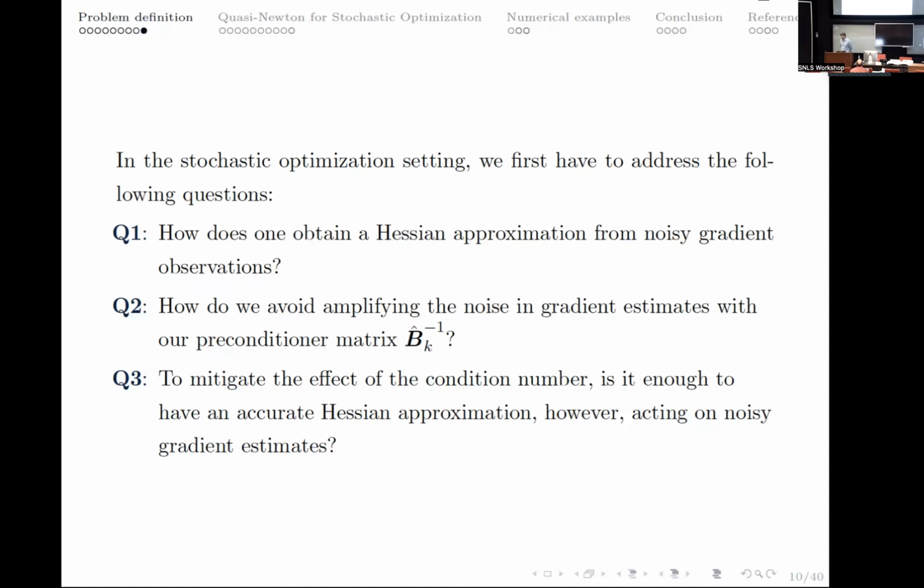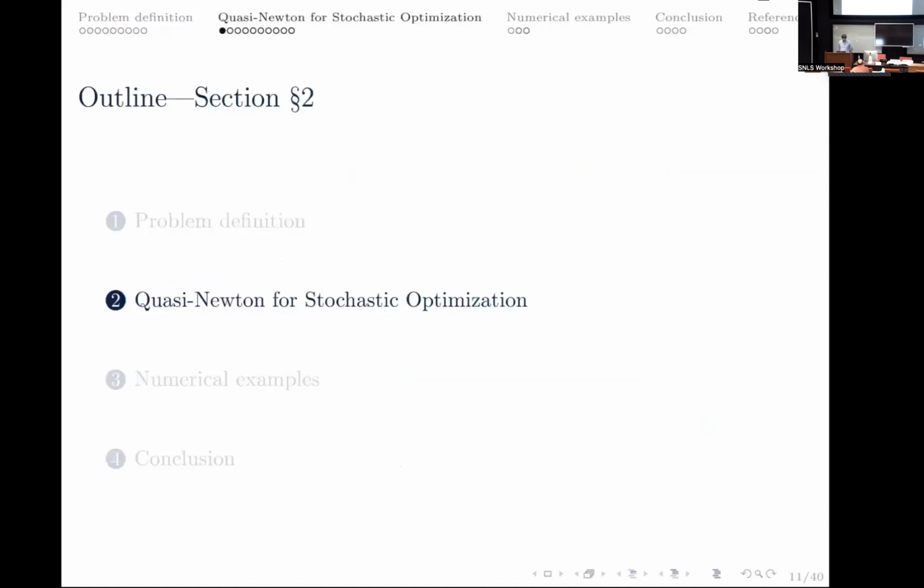And finally, is it even enough to have some good Hessian approximation acting on noisy gradients to have convergence? Does this even work? So let's see. Now I'll talk about our method, our approach. I hope you are convinced that this is important enough.